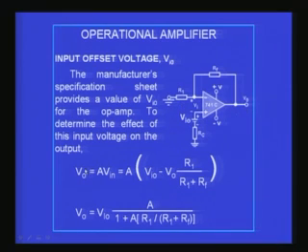What is the output voltage? It is A times Vin, where A is the gain and Vin is the voltage impressed at the input. And what is that Vin? The Vin now is VIO plus some voltage fed back from the output, which corresponds to R1 divided by R1 plus RF times VO.